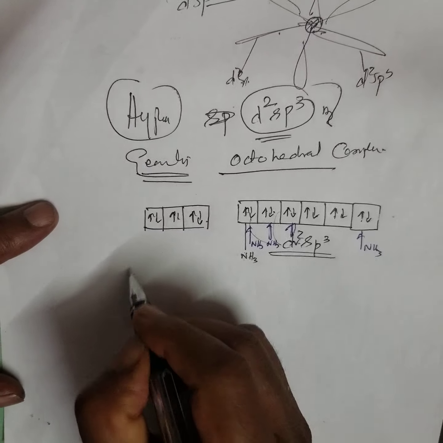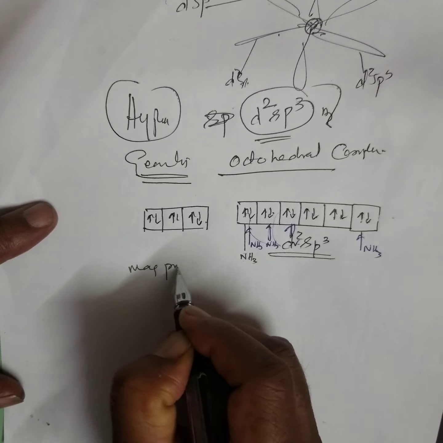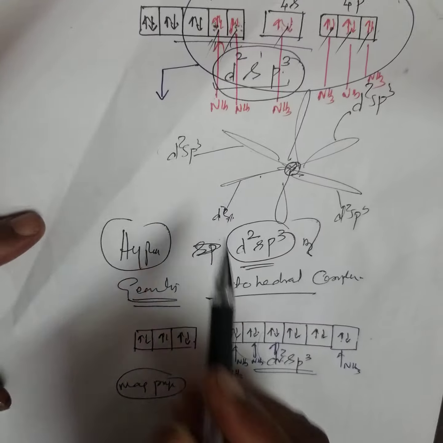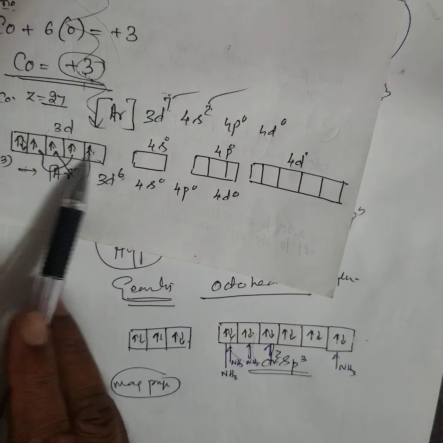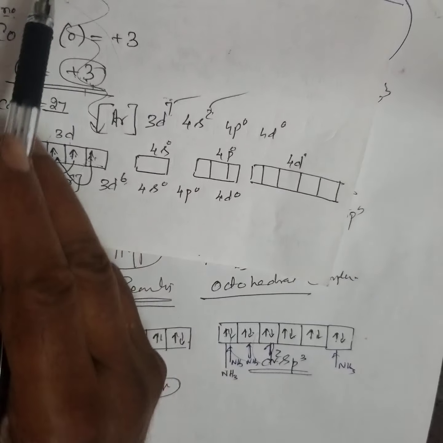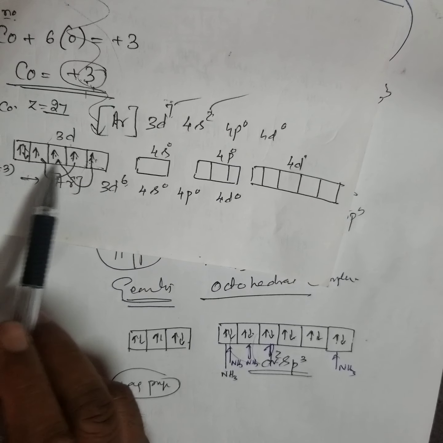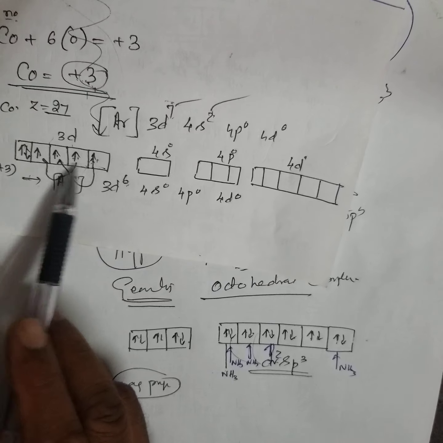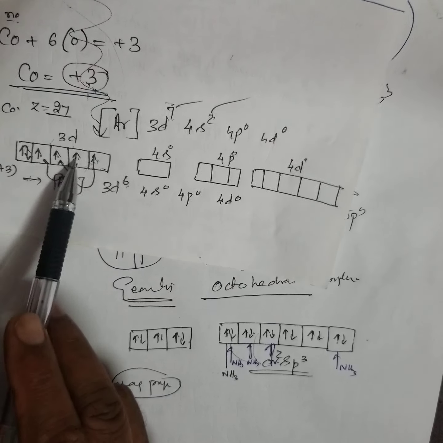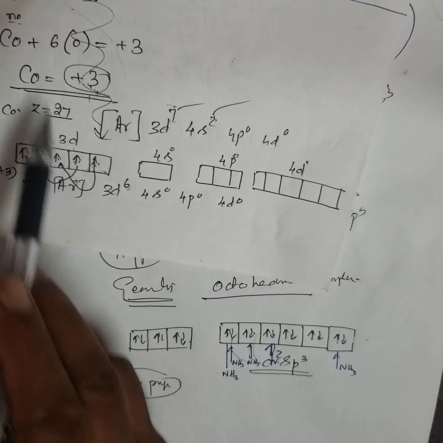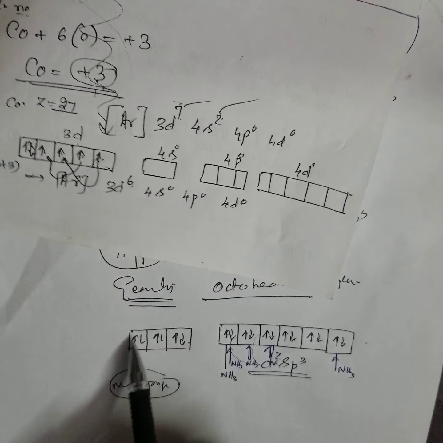Then what about the magnetic property? There is no unpaired electron. See, at least previously, before ionization, there were 4 unpaired electrons. But when the ligands approach, all of these become paired up.